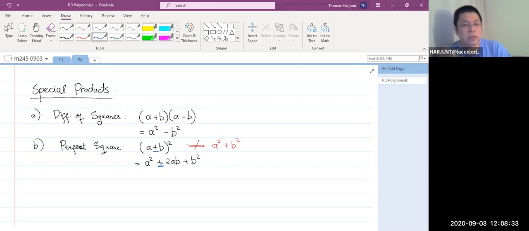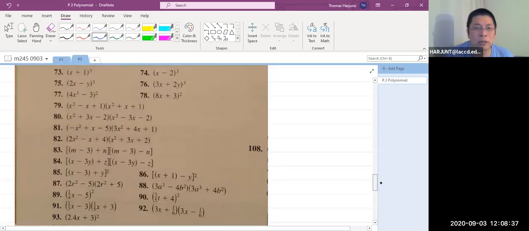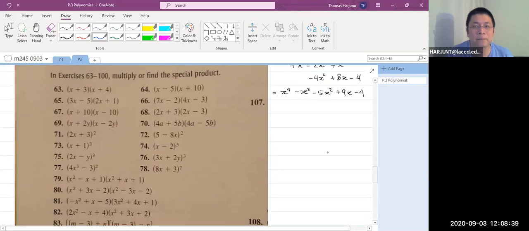Okay, now you can see the problems from here. Number 68, for example: 2x plus 3, 2x minus 3.